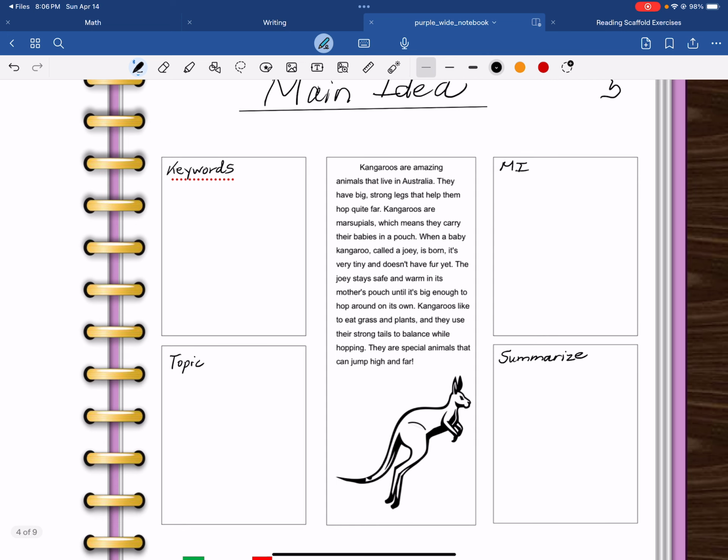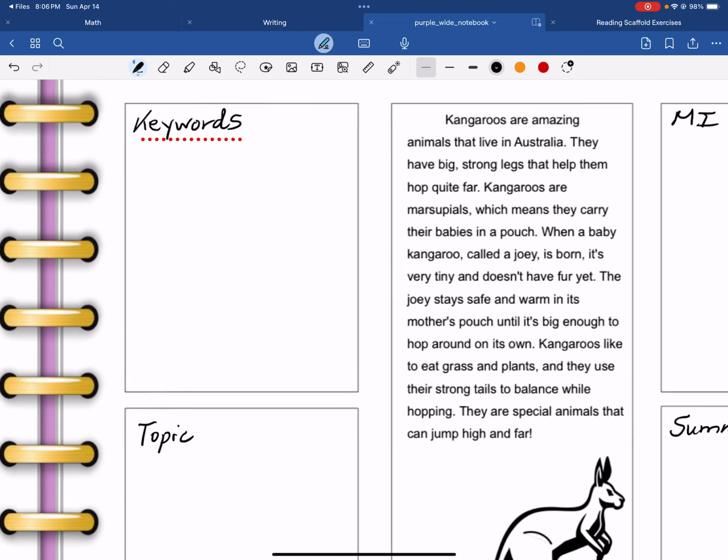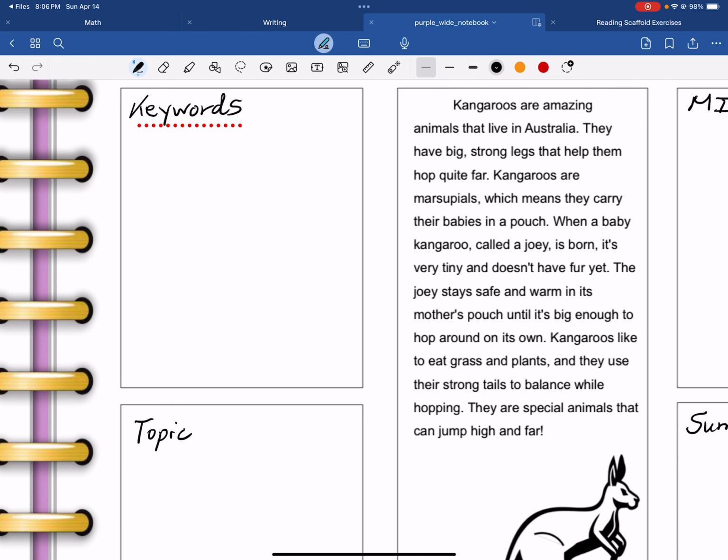So this is an informational passage about kangaroos. It really doesn't have any keywords in the passage, but for this type of informational passage, I like to teach students to use the question words.